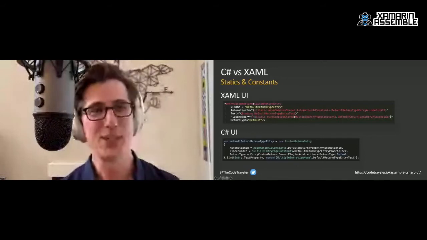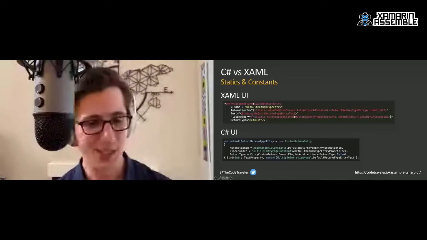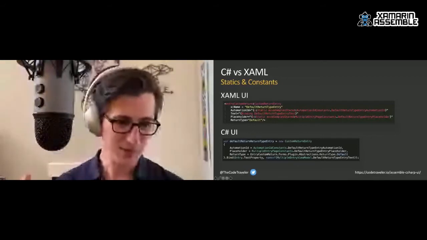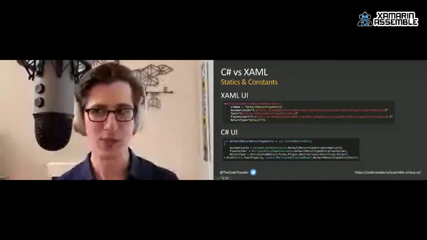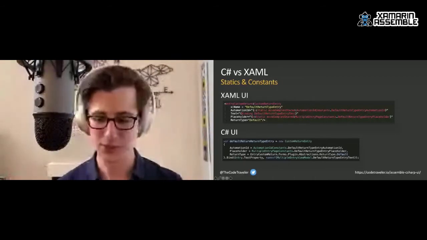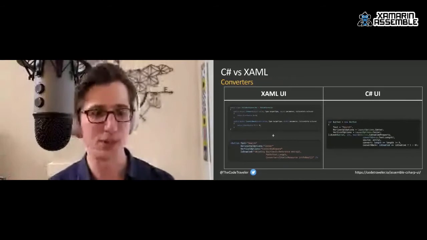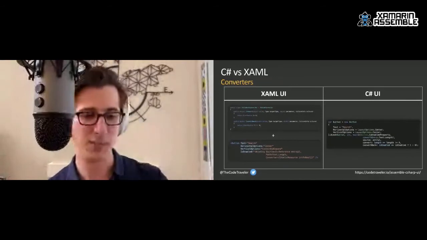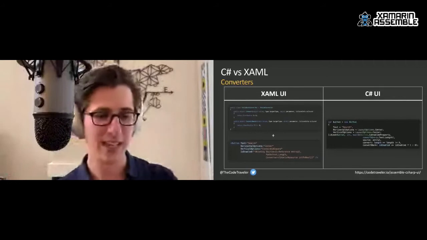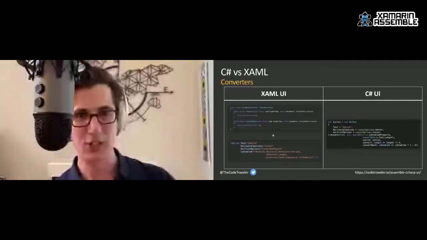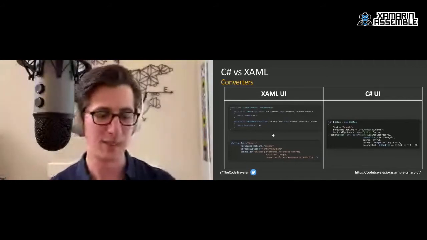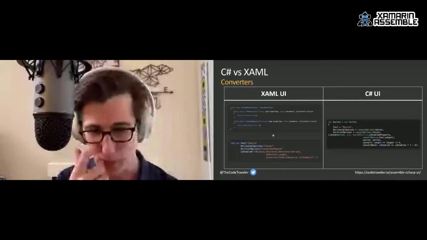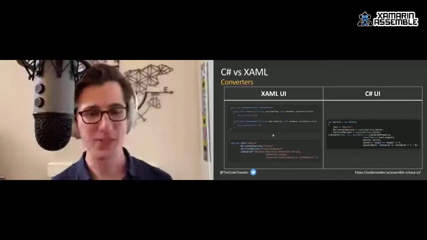Converters. This one is awesome in C#. So if you've ever had to convert a property in your view model to a different type in your view, a popular one is an int to bool converter, taking an integer value and turning that into a Boolean depending on some sort of conditional. Well, in XAML, we have to go create another file.